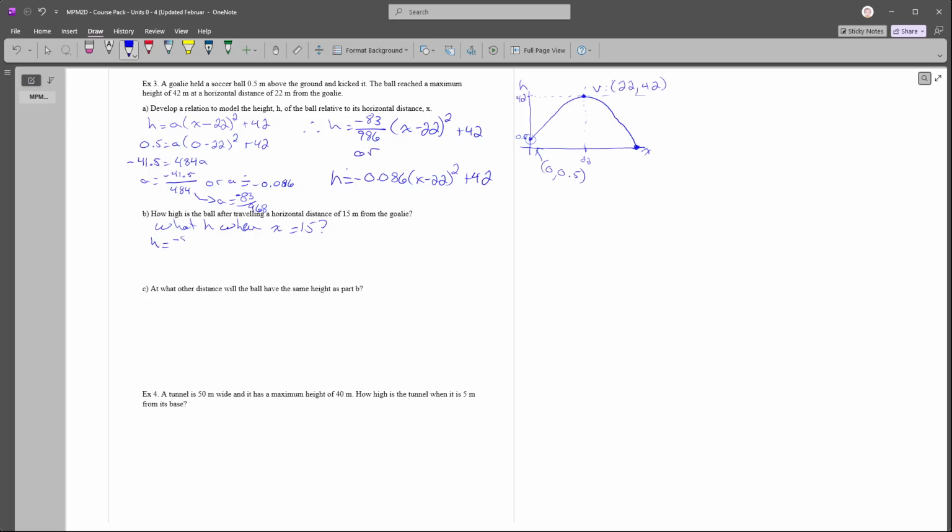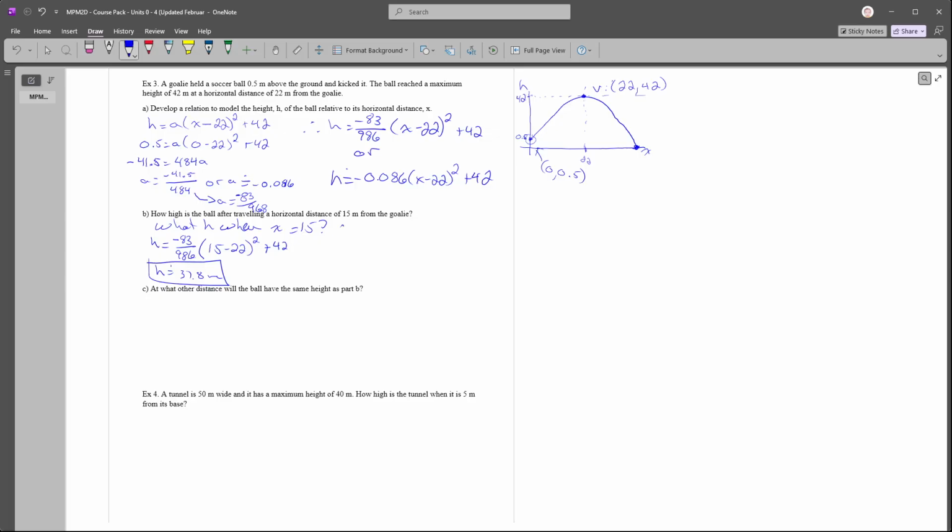Negative 83 over 968 multiplied by (15 minus 22) squared plus 42. So this 15 minus 22 becomes negative 7 squared, that's 49. So 49 times negative 83 over 968, and then we're going to add 42 to that. You can put that into your calculator, and what you end up with is h is approximately 37.8 meters.